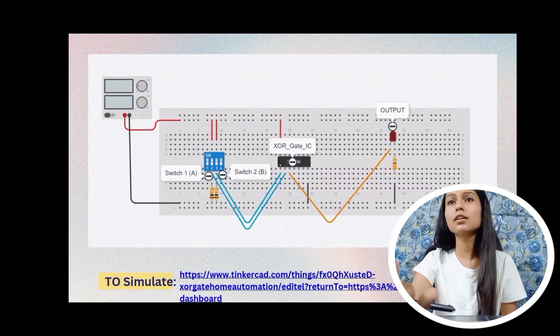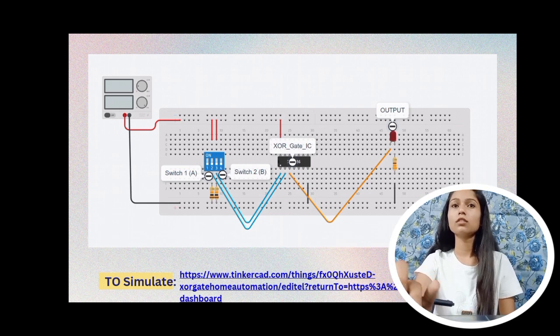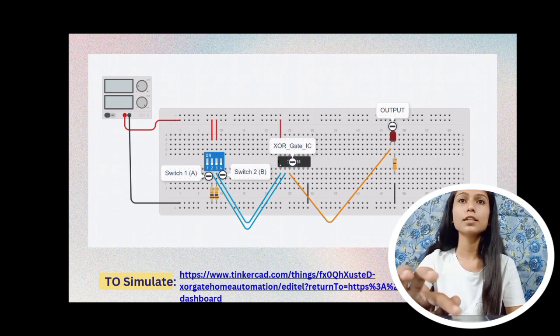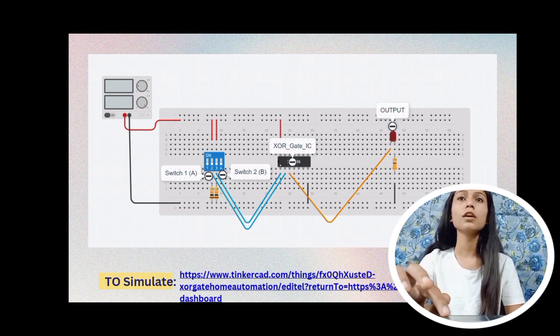This is the circuit of the XOR gate. We will simulate this. So this is the circuit where the inputs of the XOR gate are switch 1 and switch 2.